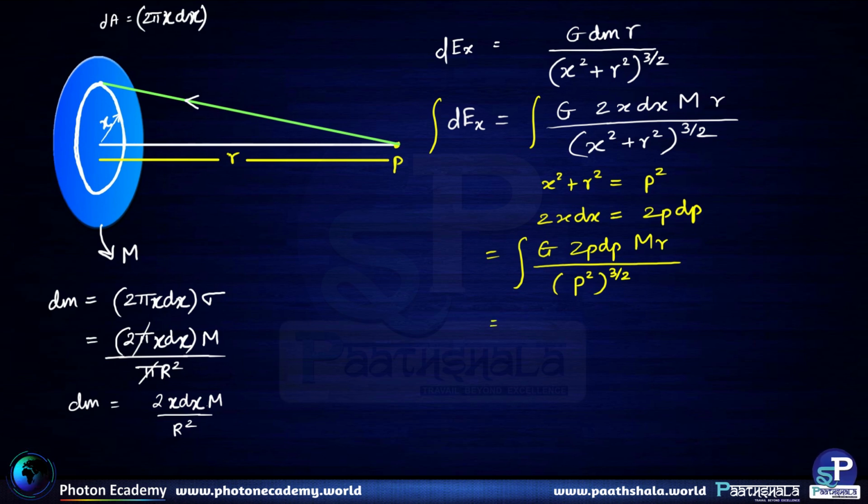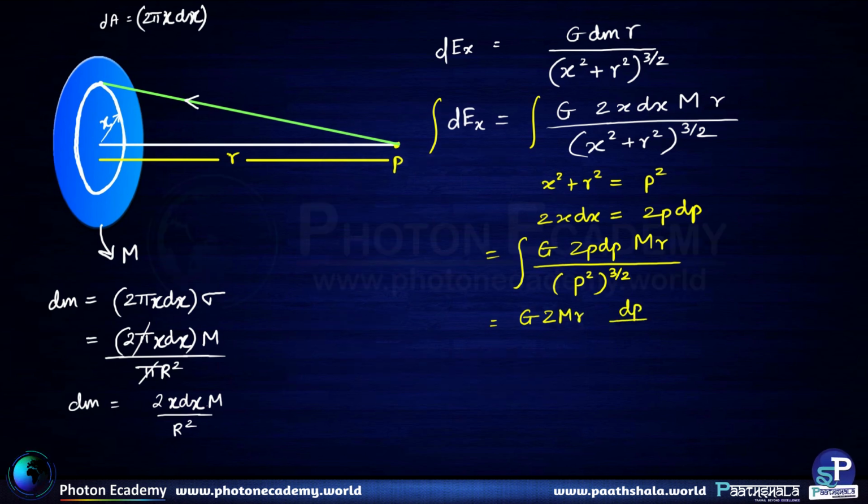Because of this, we can see that it's p cube in the denominator and p in the numerator, so 1 upon p square is going to come. So g into 2mr dp upon p square. This is the integral that remains.